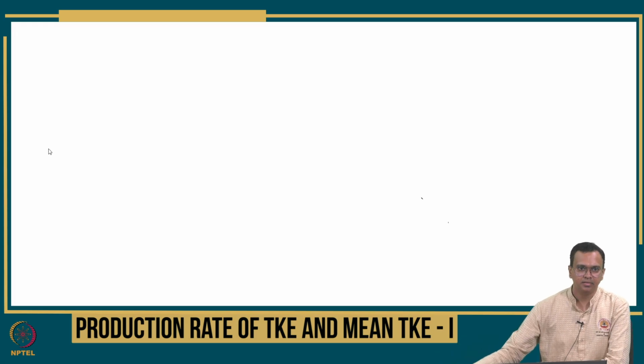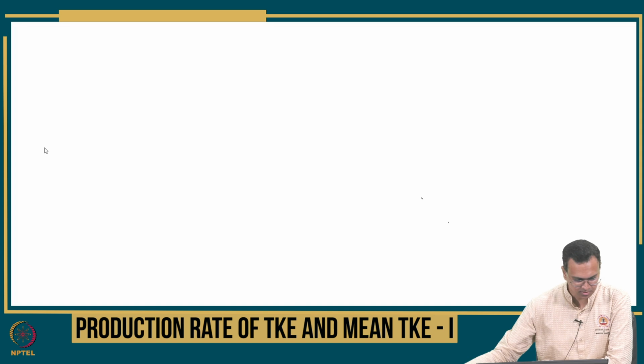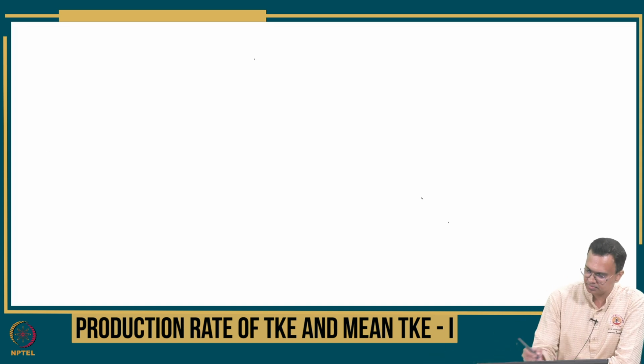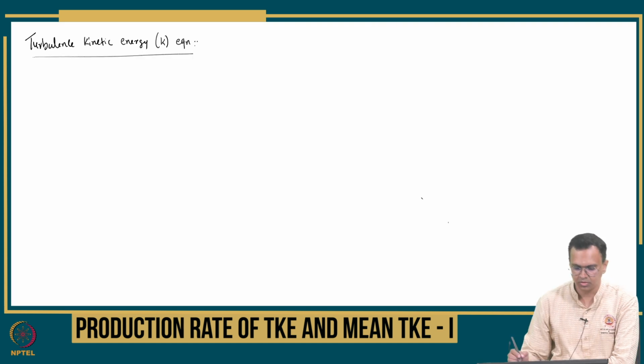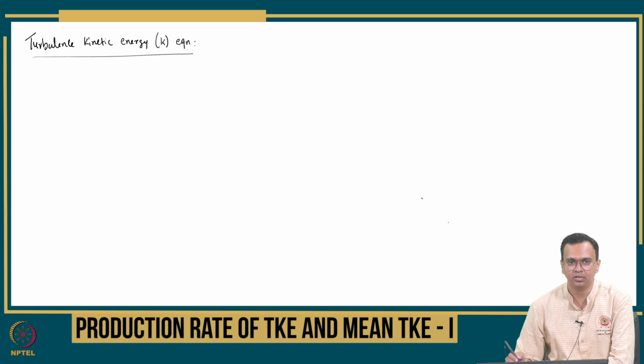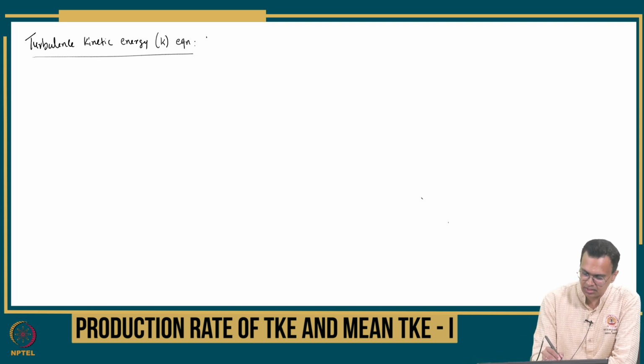Okay, let's get started. So in the last class we looked at the turbulence kinetic energy equation, or you can also say the kinetic energy associated with the turbulent fluid motion or fluctuating fluid motion, right?